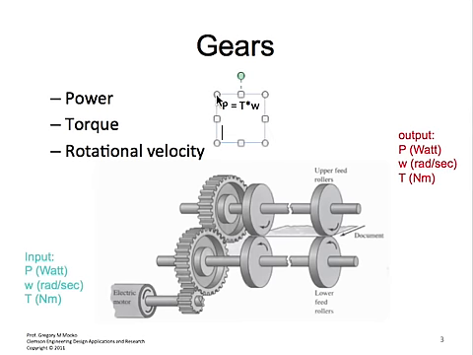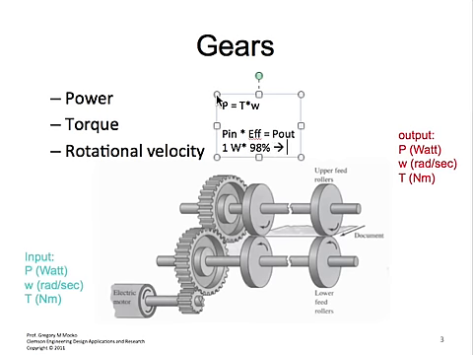Efficiency, from a gear standpoint, is the relationship of power in times an efficiency is equal to power out. So if we've got a 1 watt motor and our gear train is 98% efficient, then the output power is 0.98 watts.